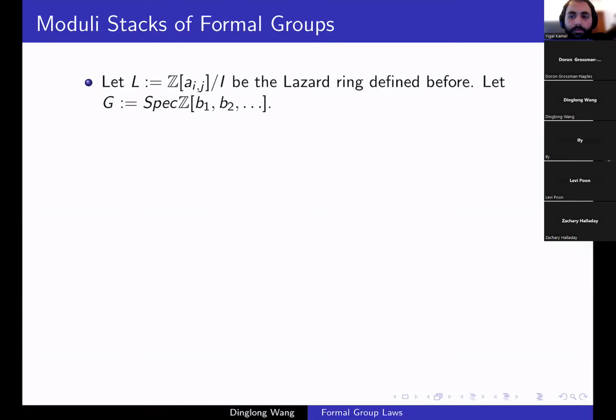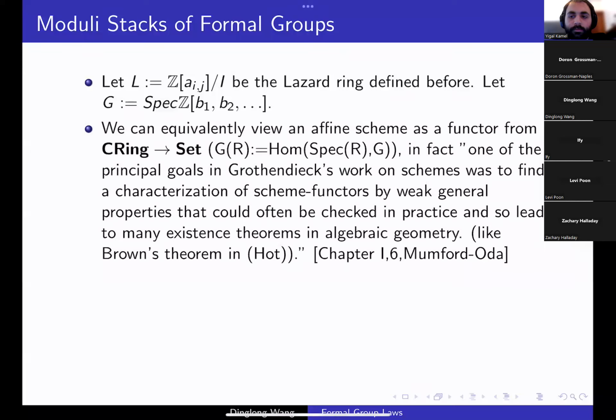And so first, let L be the Lazard ring defined before, and then we let G be the affine scheme. We can equivalently view this affine scheme as a functor from commutative rings to sets, and it's defined this way: G(R) is Hom(Spec R, G).